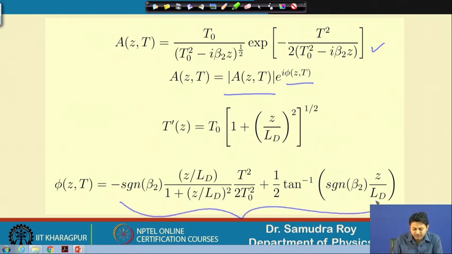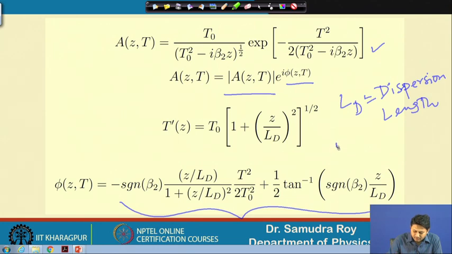If you calculate properly, you should have this kind of term, where we introduce a new quantity LD, which is called the dispersion length.